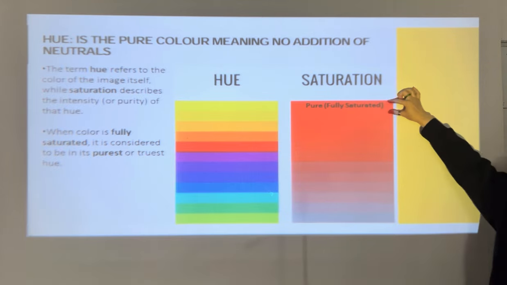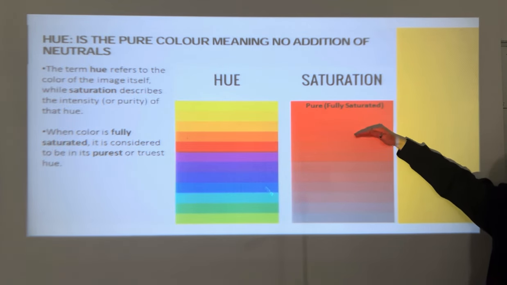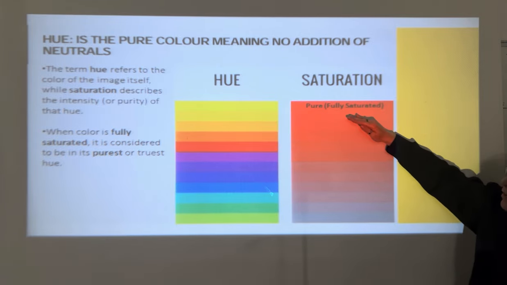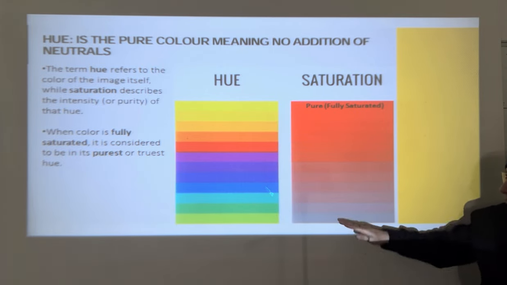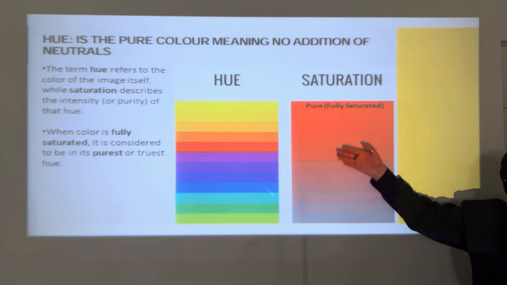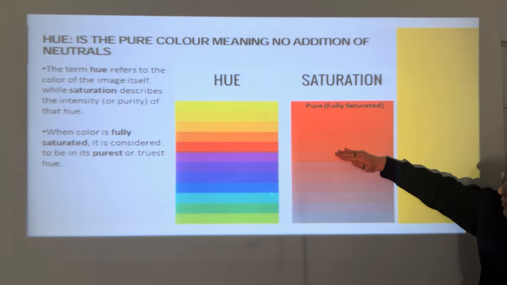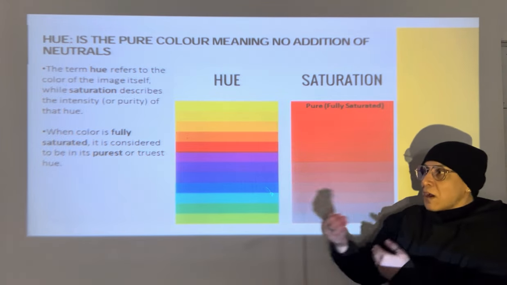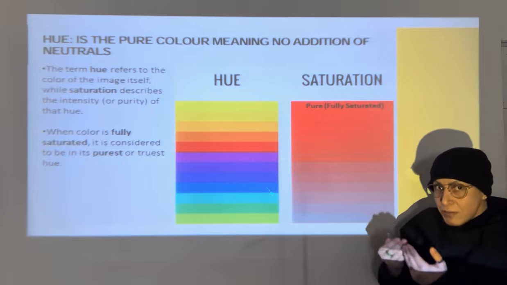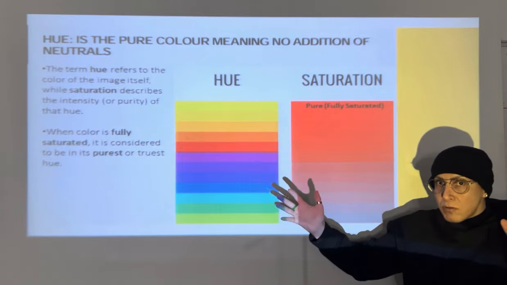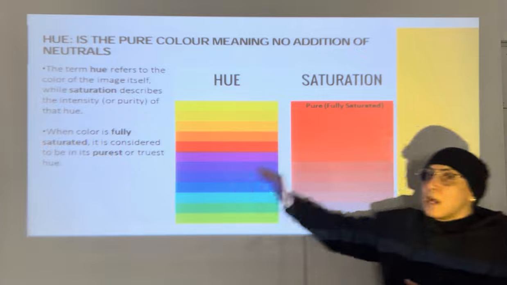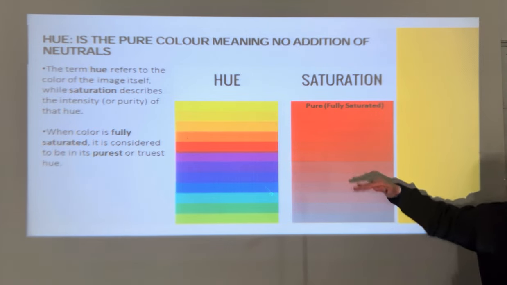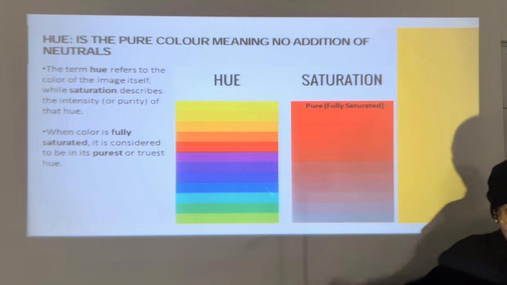So the fully saturated hue, once you start mixing some other color into it, becomes less saturated. So we can have gray, black, white, okay? So it becomes less and less saturated. You have to understand what it means when someone talks about saturation regarding color. Fully saturated means it's a pure hue. Less saturated means there is a mixture. But how much? The more, the less saturated it becomes, okay?